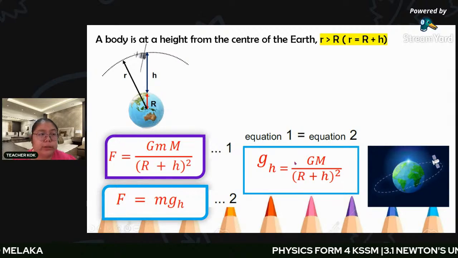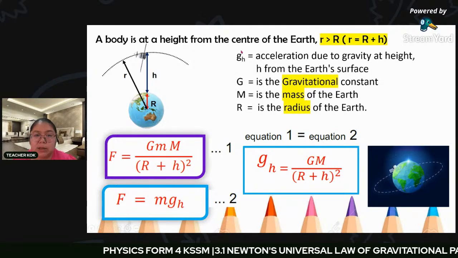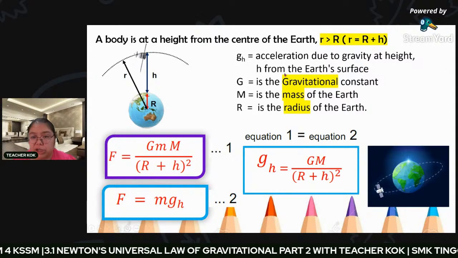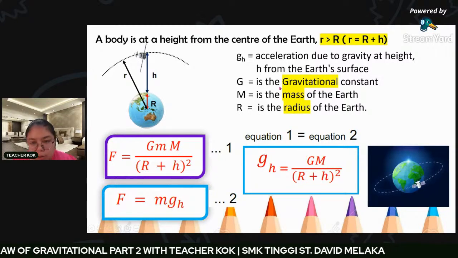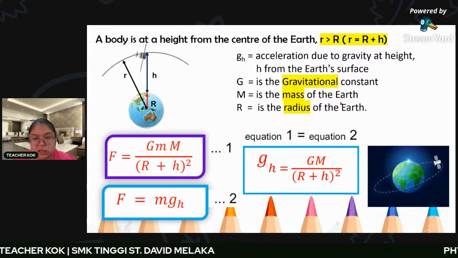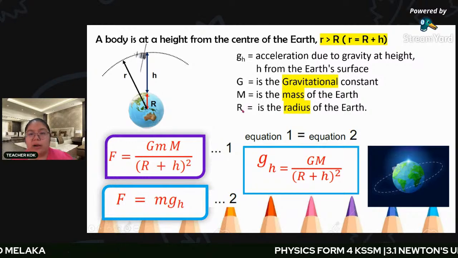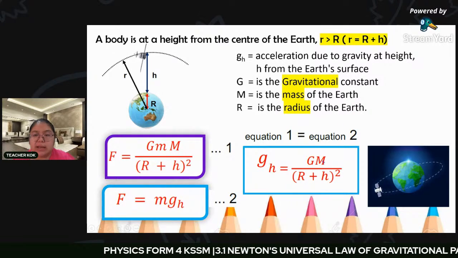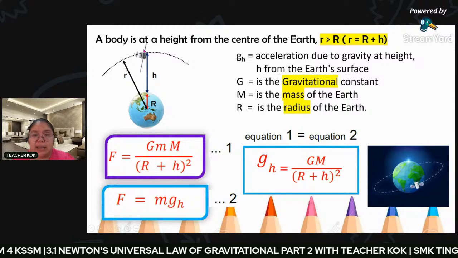Now we need to give the physical quantities. g_h is the acceleration due to gravity at height h from the Earth's surface. G, everybody knows, is the gravitational constant. Capital M is the mass of the Earth, the small m we cancelled already. R is the radius of the Earth, and h is the distance from the surface to the satellite.